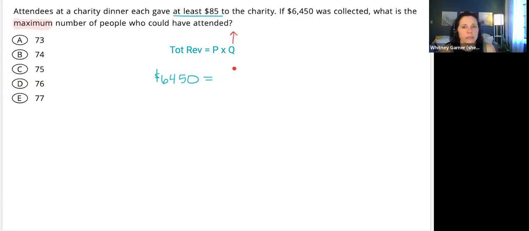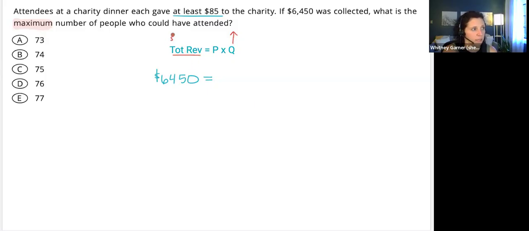So when we're dealing with a given relationship, a given equation, if you will, what we want to do first is figure out what are we meant to be maximizing or minimizing. Okay, so in this case, we're maximizing quantity given a fixed total revenue. So this number, total revenue, is fixed.